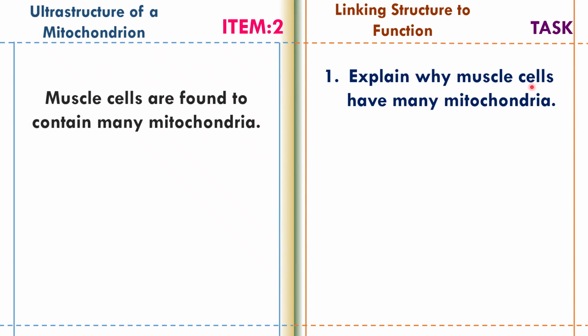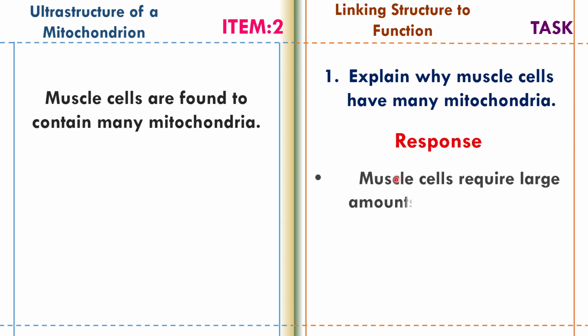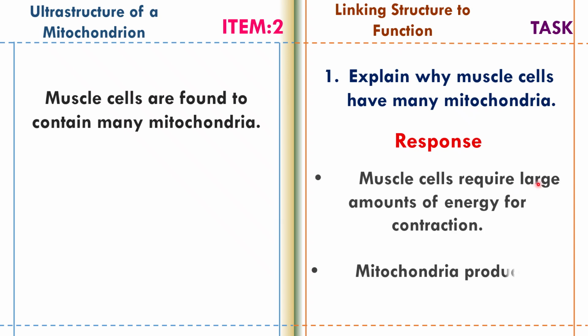Explain why muscle cells have many mitochondria. Muscle cells require a large amount of energy for contraction. Mitochondria produce the ATP needed for this energy demand.